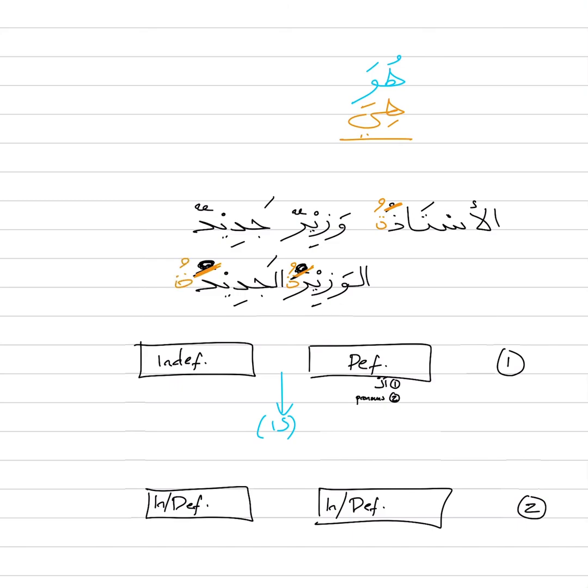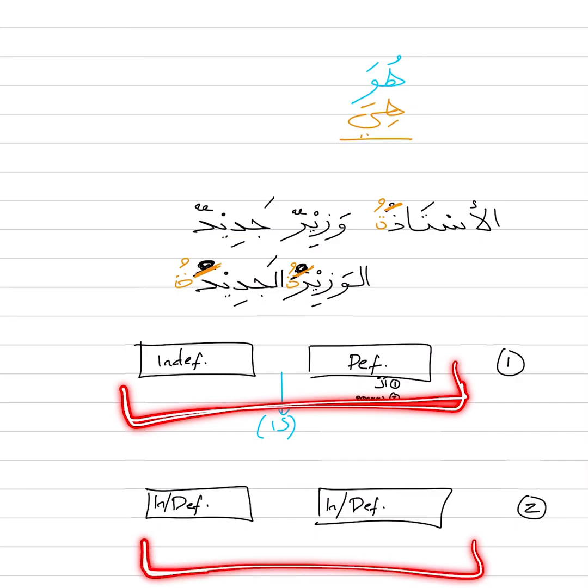So we have al-ustadhu huwa al-waziru al-jadidu, or al-ustadhatu hiya al-waziratu al-jadidatu. The first one doesn't need an "is" because we're using this structure. The second one, we need to create an artificial "is" because it no longer uses this structure and it resembles this structure too much.